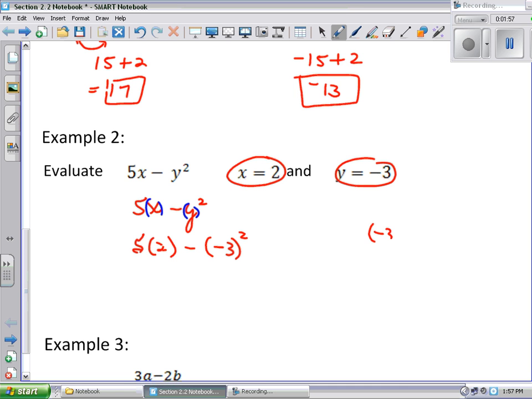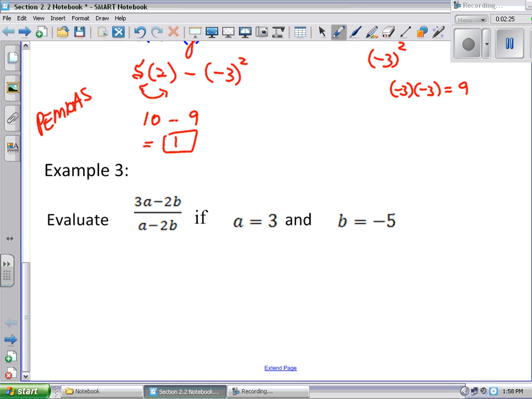Remembering my rules of order of operations, I'm going to have to do exponents first. Negative 3 squared means negative 3 times negative 3, which is positive 9. So now I have 5 times 2, which is 10, minus 9, and 10 minus 9 is equal to 1.